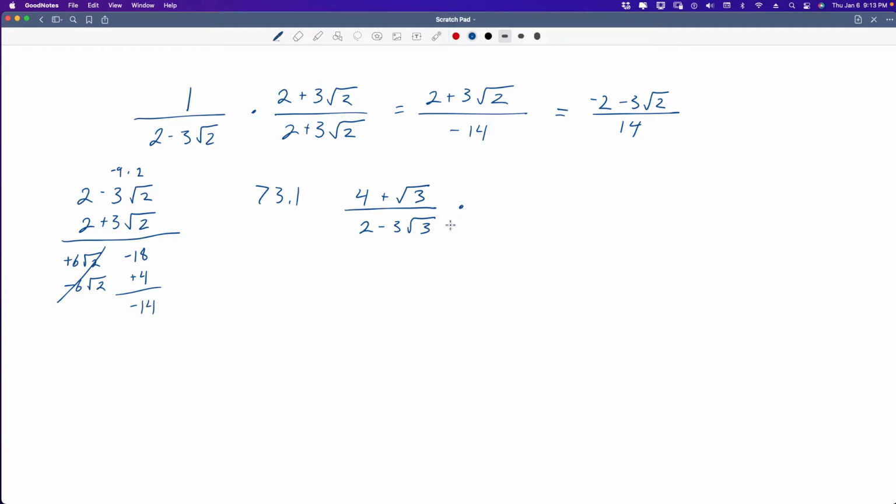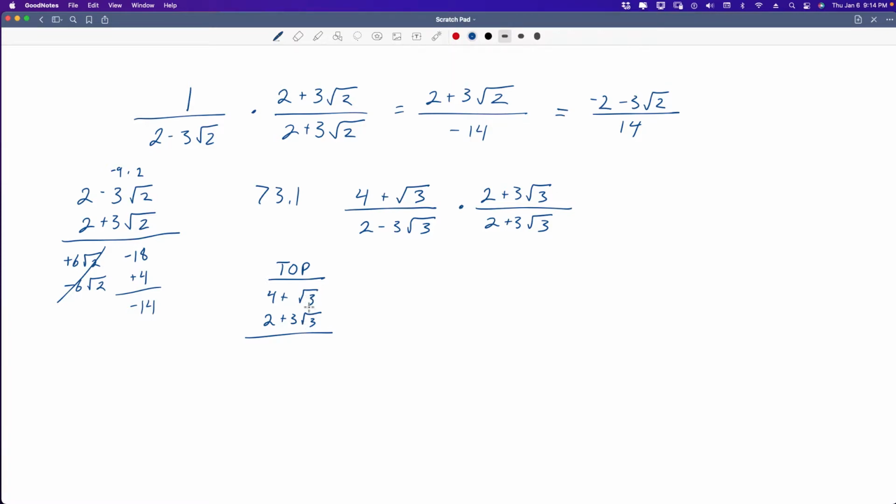So we're going to multiply by the conjugate, which is a positive 2 plus 3 times the square root of 3 over 2 plus 3 times the square root of 3. So we're going to do both of these. Now, because these are both complicated expressions, we're going to do the top and the bottom through stacking. So 4 plus the square root of 3 and 2 plus 3 times the square root of 3.